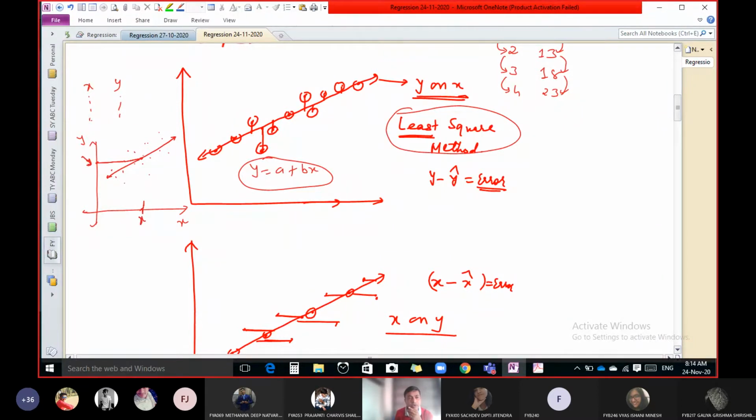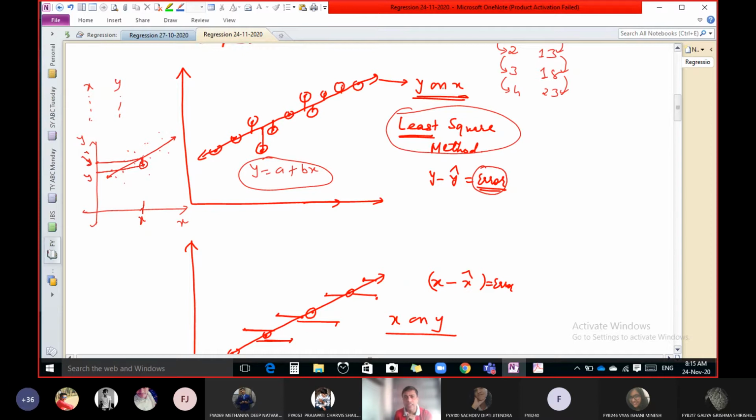But for this value of x, the actual y is, let us assume, this. Whatever the difference of these two points, because this is the actual value and this is our estimated value, that is known as error. So what is error? y minus y cap. y cap is the symbol for the estimated value of y.